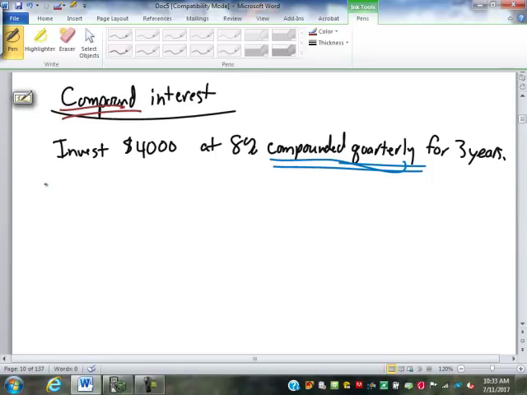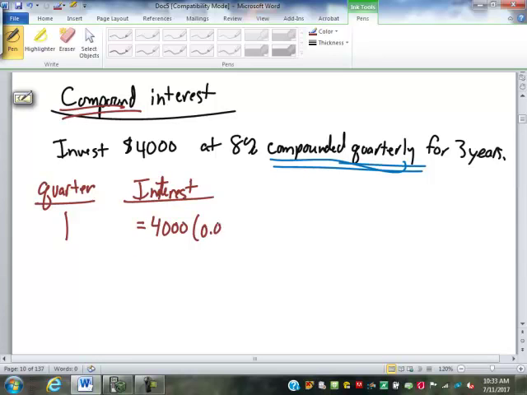So let's look at our quarters here. In quarter 1, to find our interest, it's going to be 4,000 times 0.08 times 1/4, right?